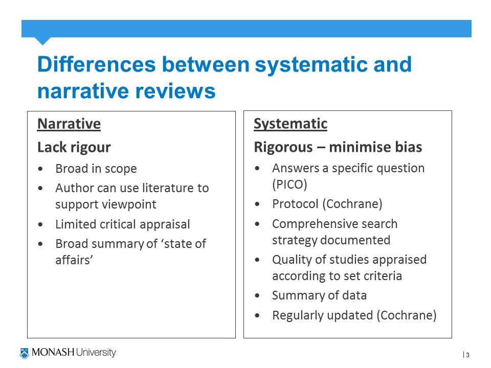Usually these reviews are broad in scope. You just identify papers that are going to support your viewpoint, don't have any critical appraisal aspects associated with it, and it's really just a broad summary of the papers that you have identified.